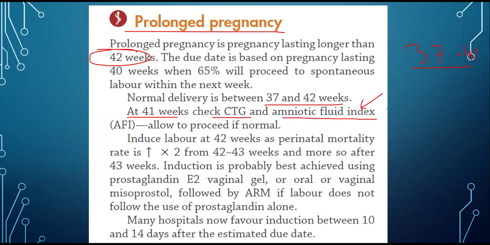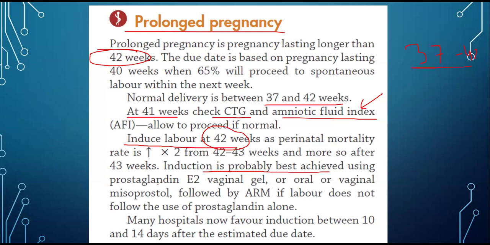Amniotic fluid index will give you an idea if the patient is developing oligohydramnios, which means lack of amniotic fluid around the baby. If amniotic fluid is good and CTG is good, then you will wait for another week to see if normal vaginal delivery happens. But at 42 weeks, if there is still no sign of labor, then you start induction.